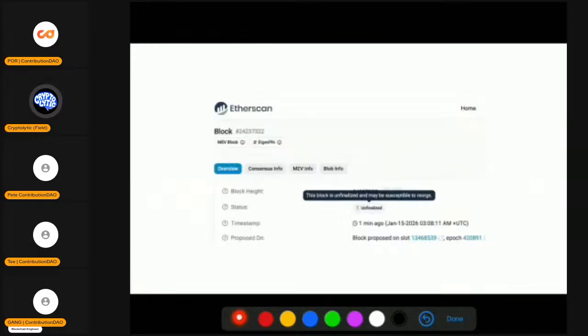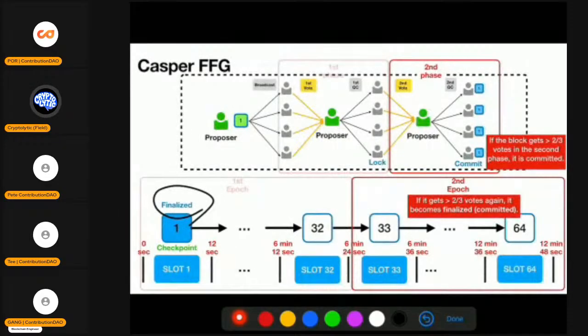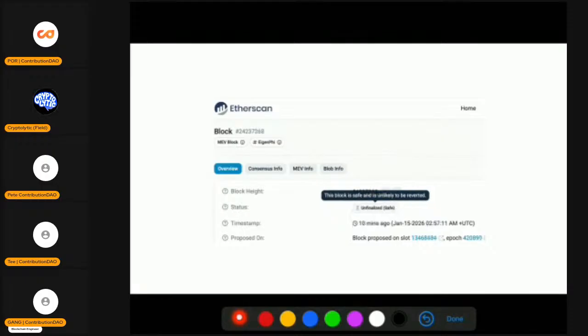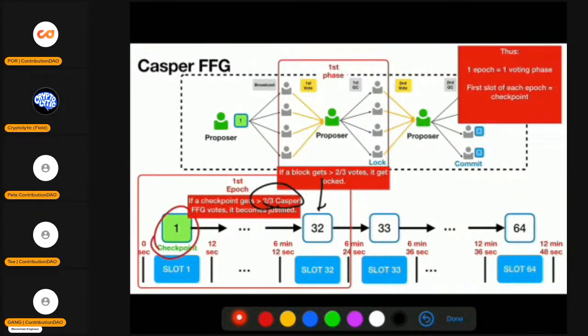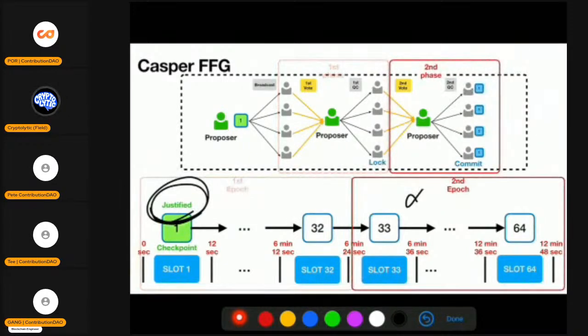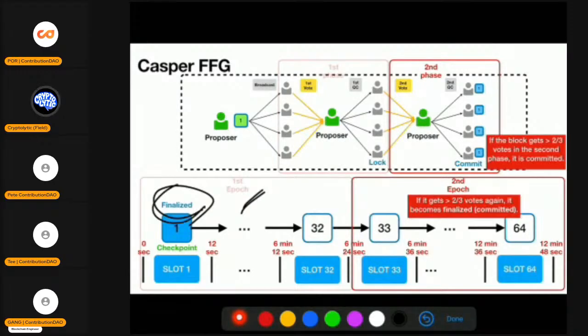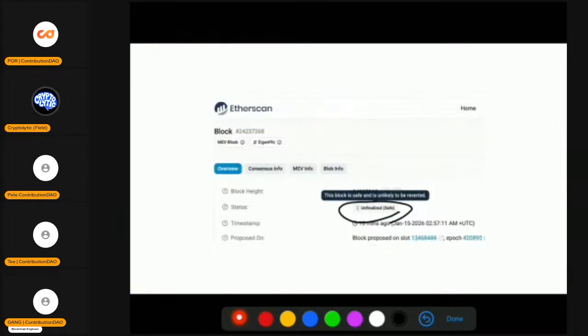So when you check it on Etherscan, unfinalized means that your protocol has not received the first epoch yet, and unfinalized but safe is equivalent to this one at the end of epoch 1, when this one changes to the justified status. Finally, finalized appears once you pass to the next epoch.